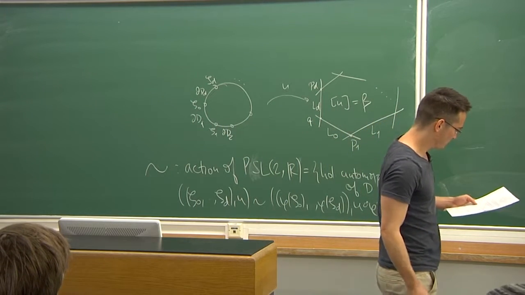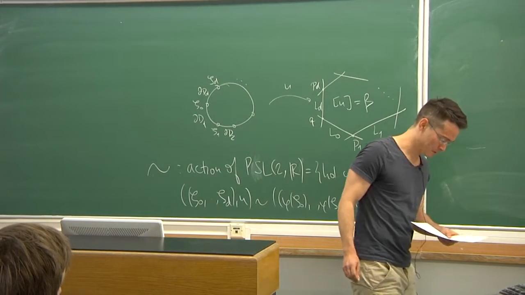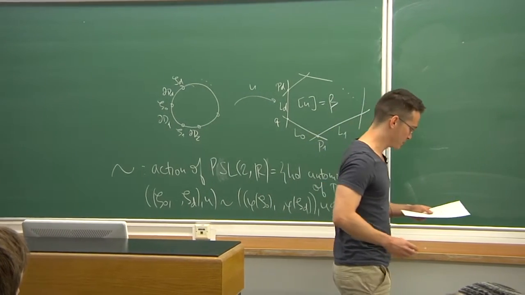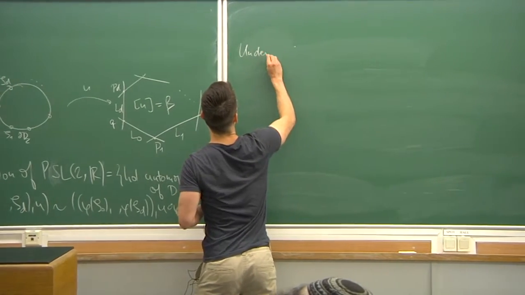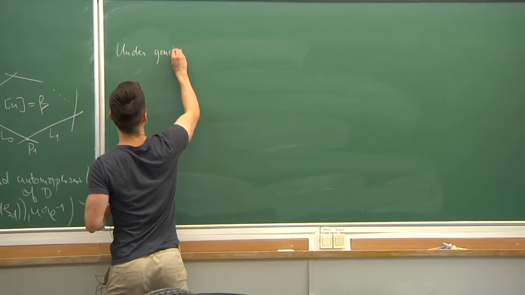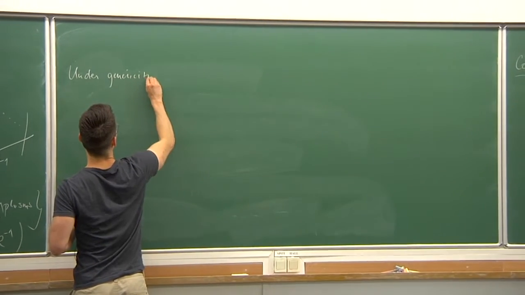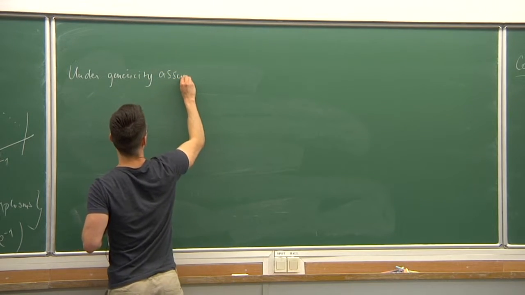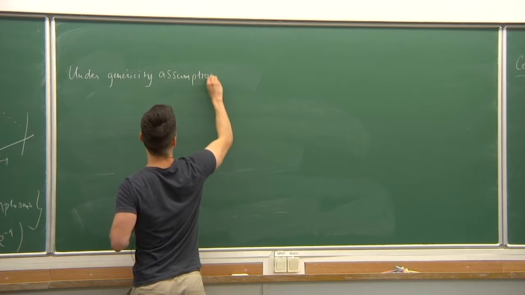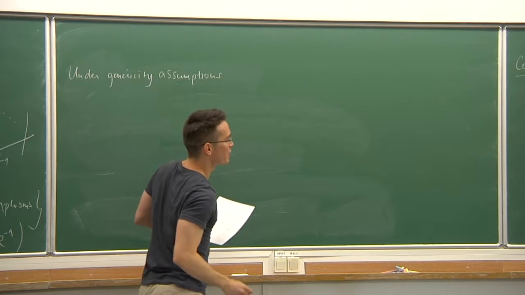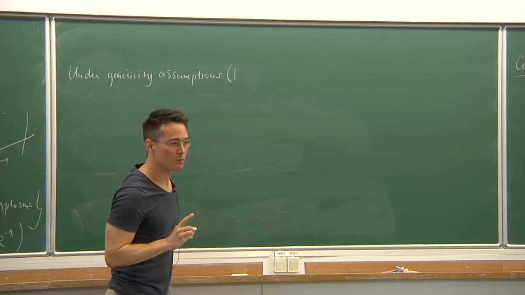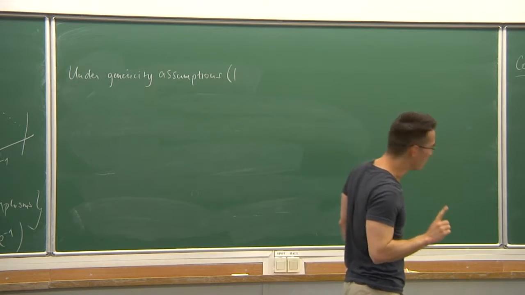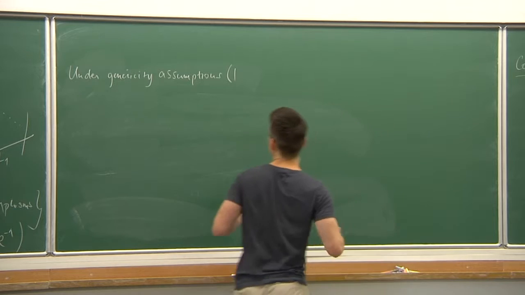Okay, now I'm going to give you a general statement. This is standard in the literature. So, under genericity assumptions, this means that we get transversality for this equation. These are assumptions on J, yeah, exactly.